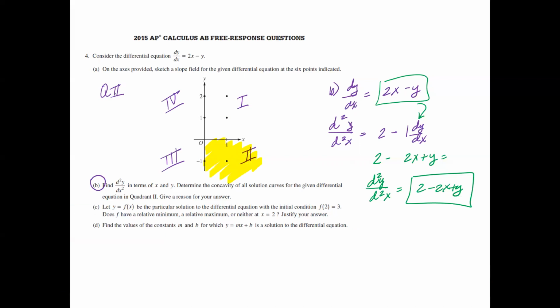Quadrant 2 is where x is less than 0 and y is greater than 0. Therefore, d squared y over dx squared is going to be greater than 0 for all solutions.